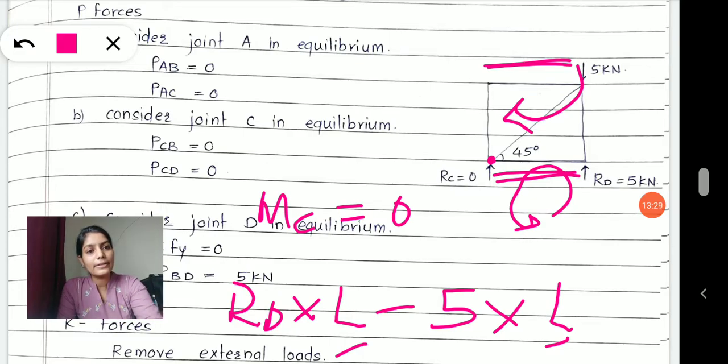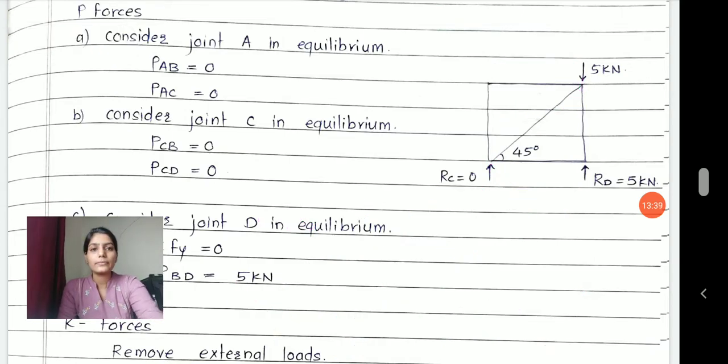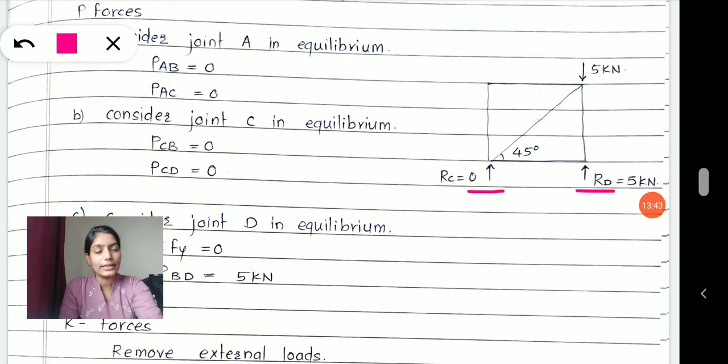So Rd will become 5 kilonewton. It will go on the other side, it will become 5 into L. L gets cancelled. Rd becomes 5. So Rc will be 0. That is how I have calculated the reaction. Rc is 0, Rd is 5.